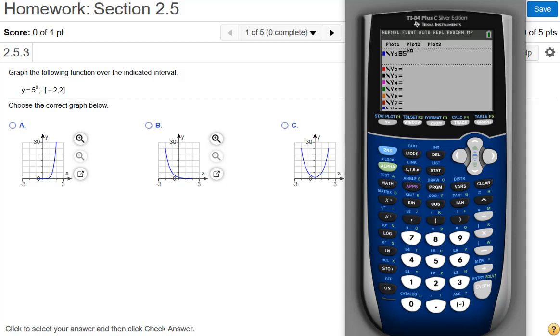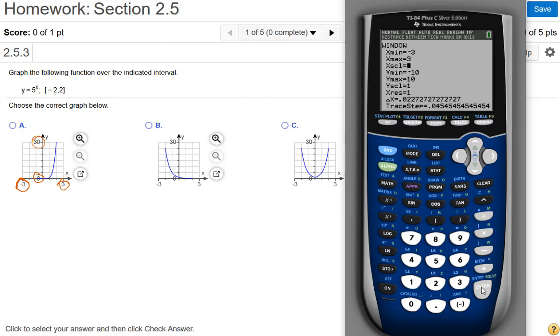Now, if you look at the choices, all the choices have intervals of -3 to 3 on the x-axis and 0 to 30 on the y-axis. We set our window to match that. So the window key up on the very top, second one from the left, we would say -3 and +3.